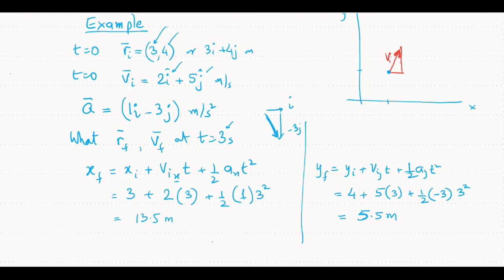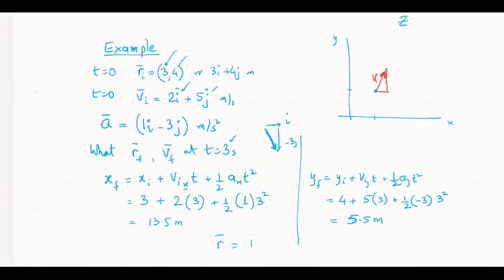So the position r is 13.5i plus 5.5j meters, or we can write 13.5 comma 5.5 meters. So if this is 3, that's 6, 9, 12, 15, so it's going to be somewhere here, and the y value is 5.5, so that was 4 and 8, so it's going to be somewhere here. That will be the final position.